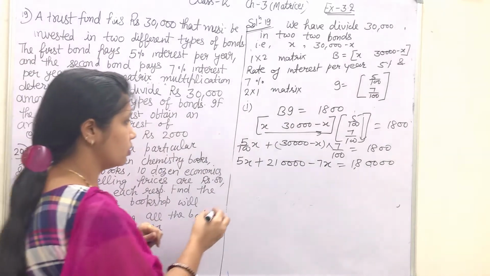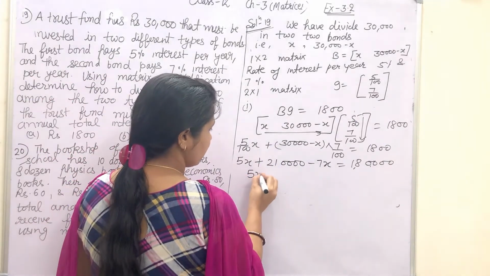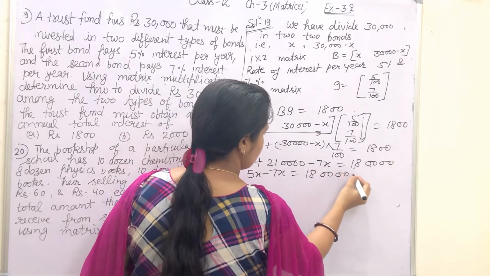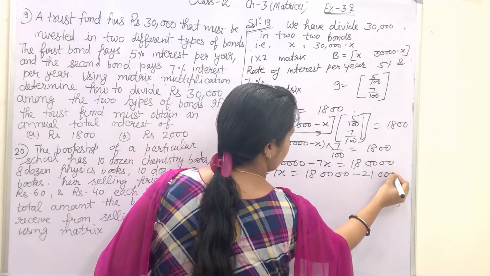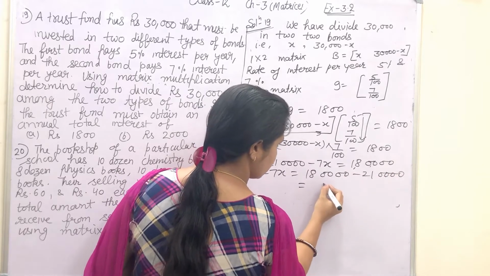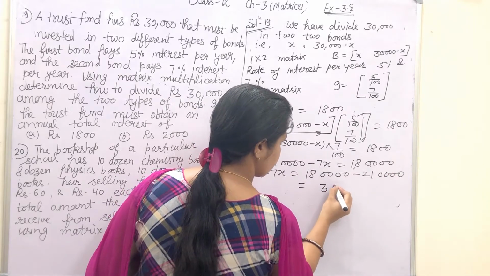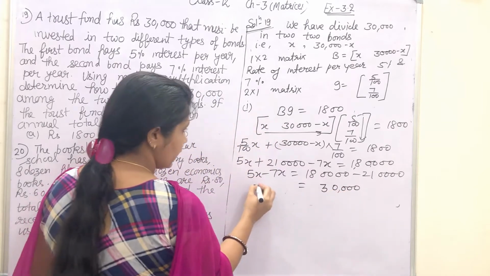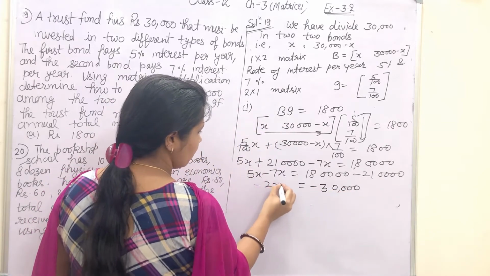Now 5x minus 7x is equal to, here we get 30,000 and here we get minus 2x.